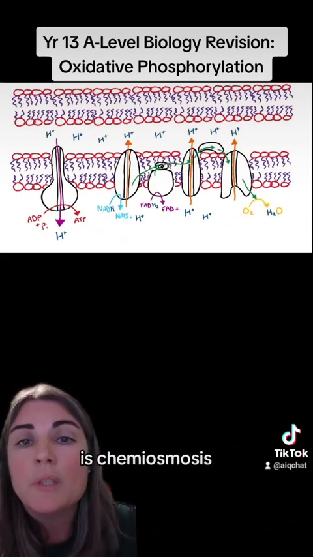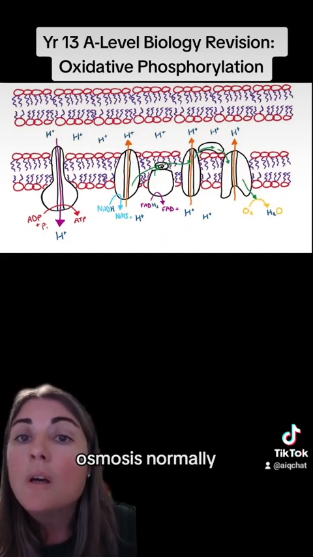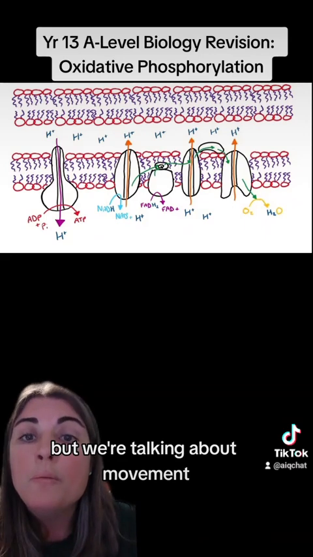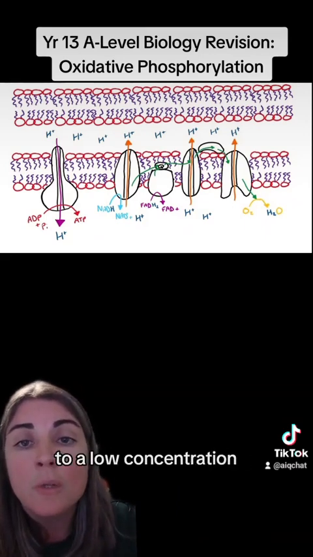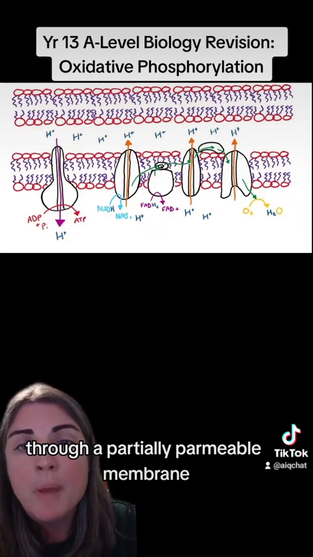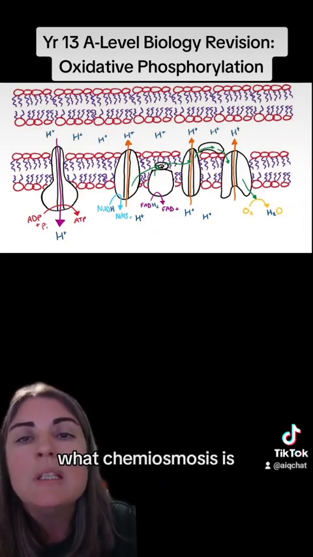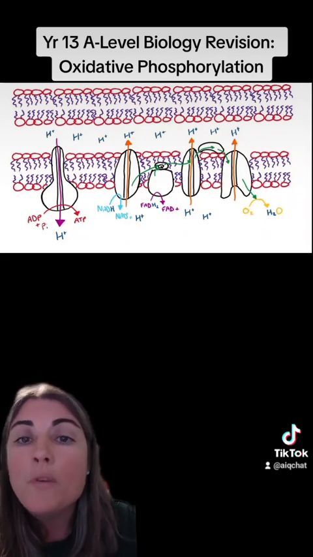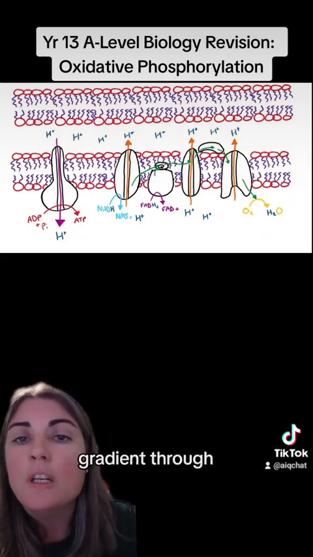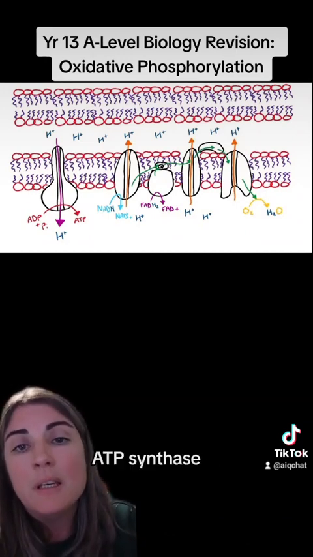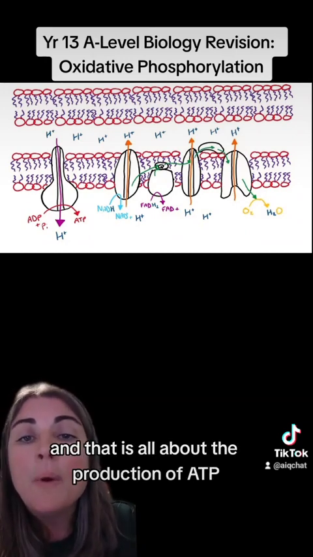Osmosis, normally we talk about water, but we're talking about movement from a high concentration to a low concentration through a partially permeable membrane. Well, chemiosmosis is the chemical, so the proton, hydrogen ions, moving down its concentration gradient through the stalked particle, which is known as ATP synthase. And that is all about the production of ATP.